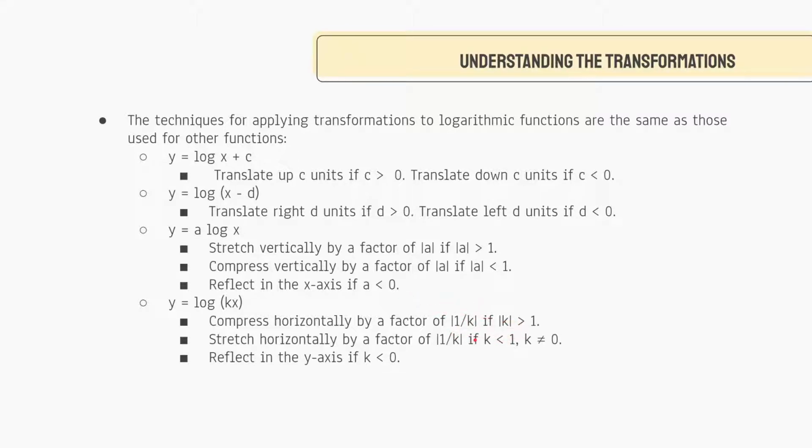The same thing goes for when k is less than 1. We're now stretching horizontally by a factor of 1 over k, or the absolute value of that. For this, we have to acknowledge that k cannot equal 0, because this value here would then make no sense. Lastly, if k is less than 0, we're reflecting in the y-axis.